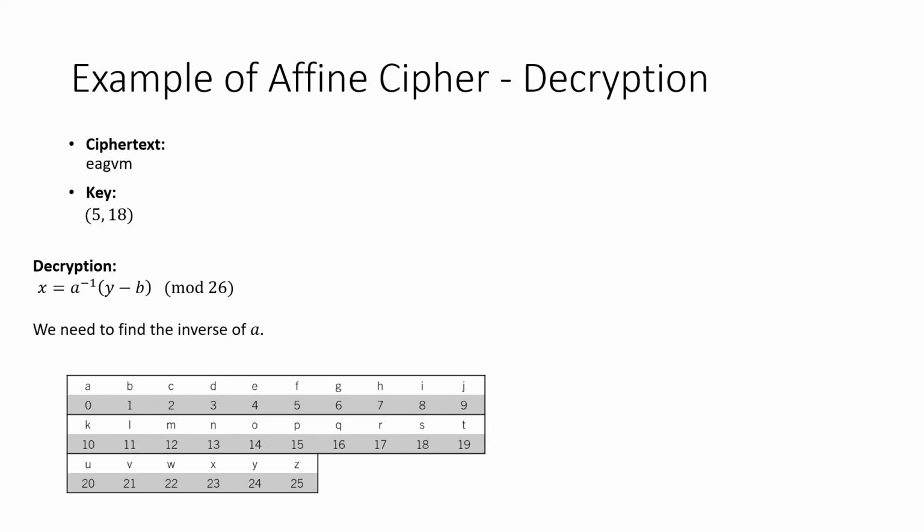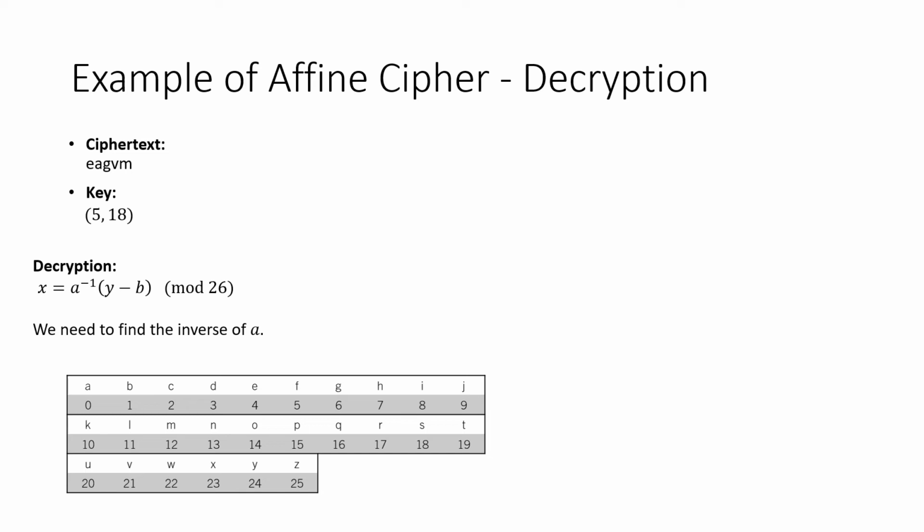So this time we're going in the reverse direction. We are given a ciphertext, we have a key, and we want to decrypt the message behind it. We remind ourselves of the decryption function, which is given by x is equal to a inverse times (y minus b) mod 26. If we look at this function, we have most of the elements that we need.